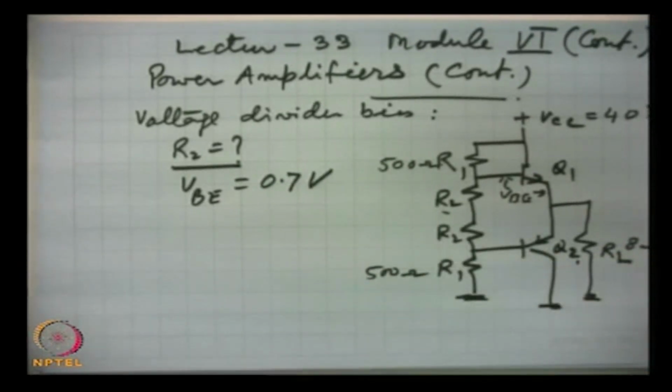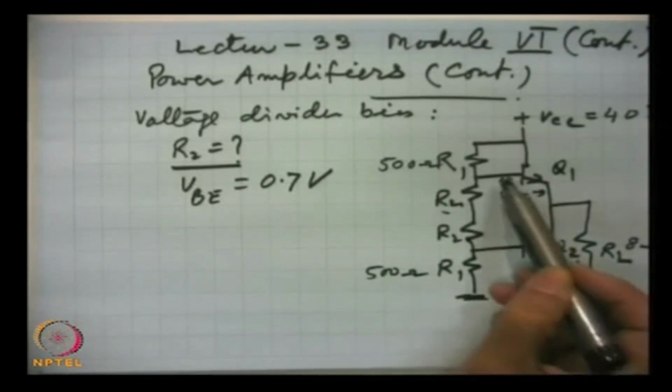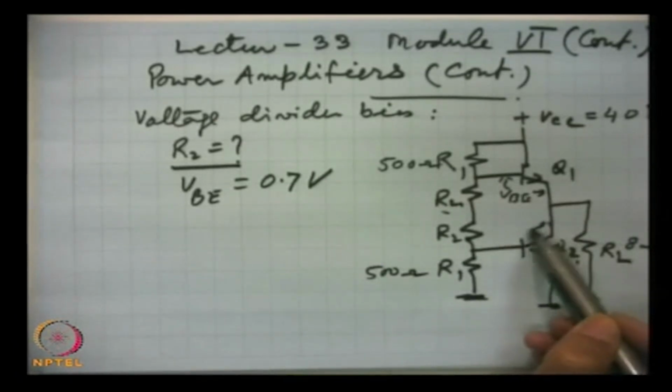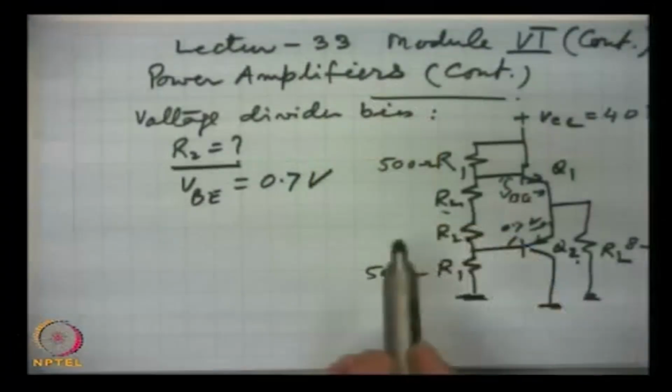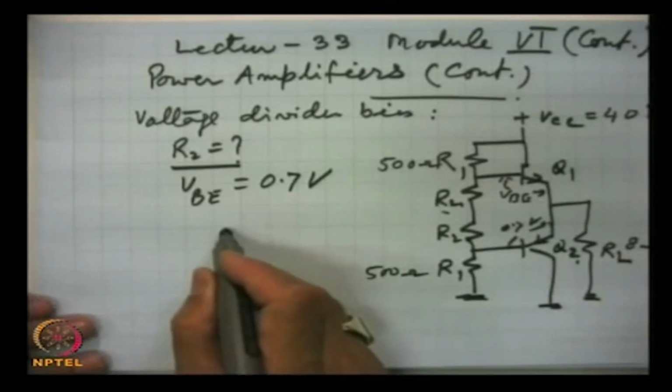This example will illustrate several points. Now, this R2 and this R2 are identical, because this voltage drop here is 0.7 volts, same as here also 0.7 volts. I made a statement that for analysis purposes it is sufficient to take the half circuit. So, to find the value of this resistance R2, I will take half of the circuit, and that is this.